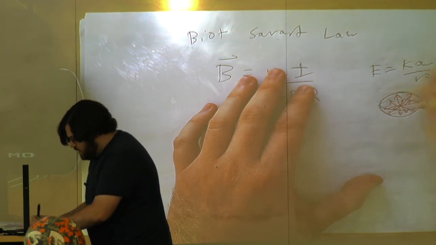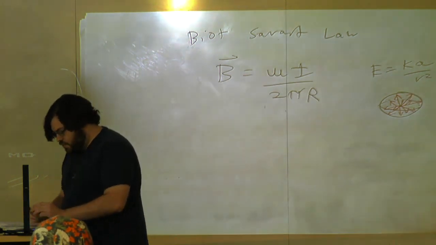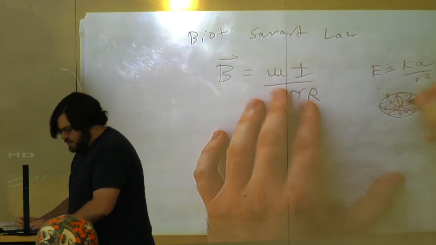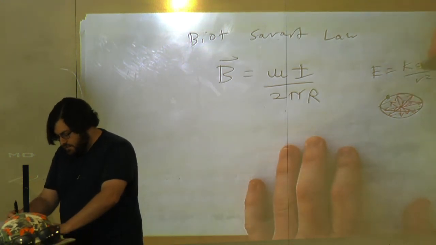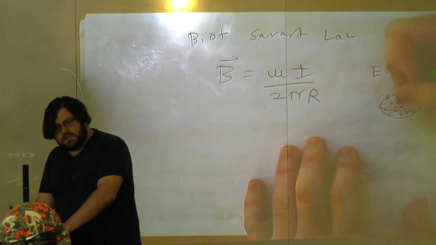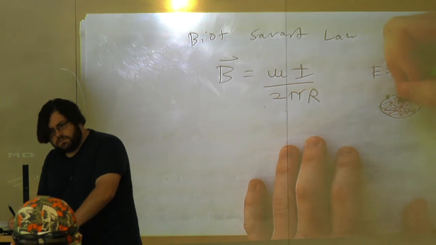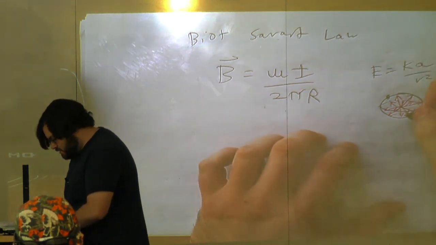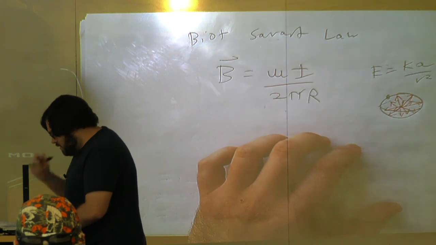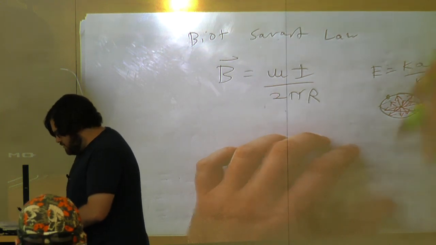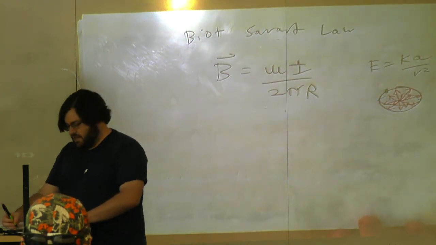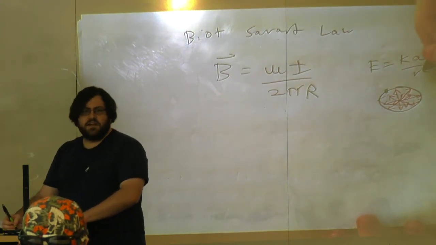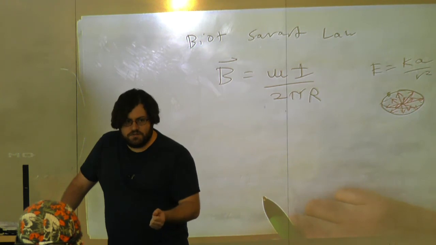So if we want to find the field at a point at distance r, we know that the total flux is given by the charge over epsilon naught. And so what we're doing is dividing by the surface area. That's why this is an inverse square law. We're dividing by the surface area of the sphere.